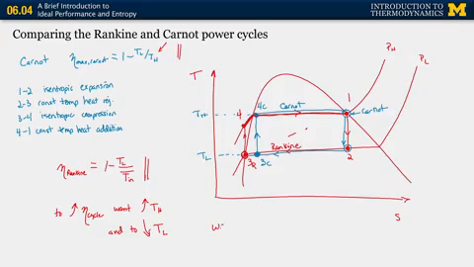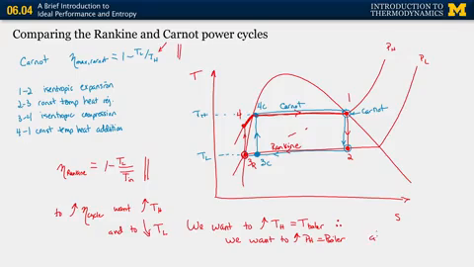So we say that we want to increase T high, which is the temperature of the boiler. And that's the same thing as saying, therefore, we want to increase the temperature of the boiler. Conversely, we want to decrease the temperature of the condenser.